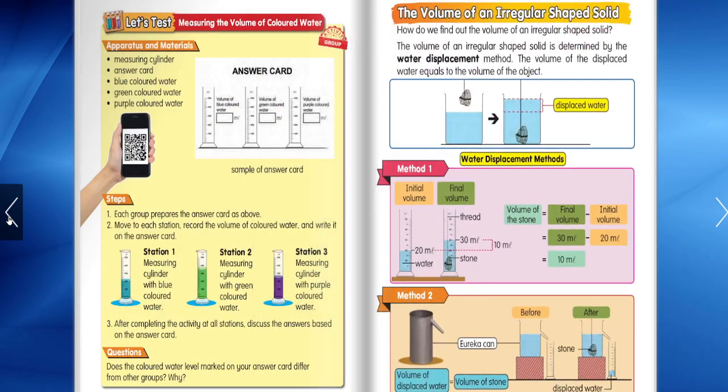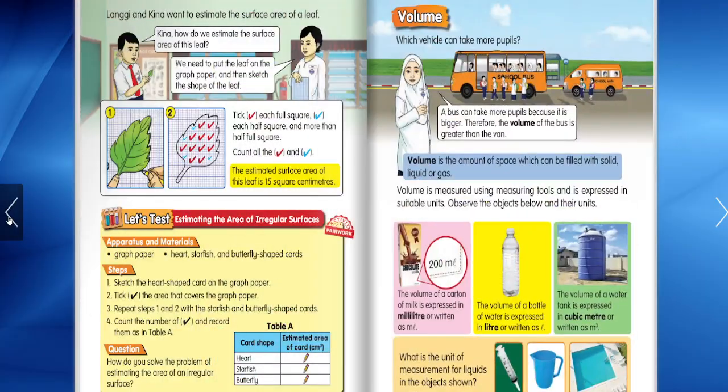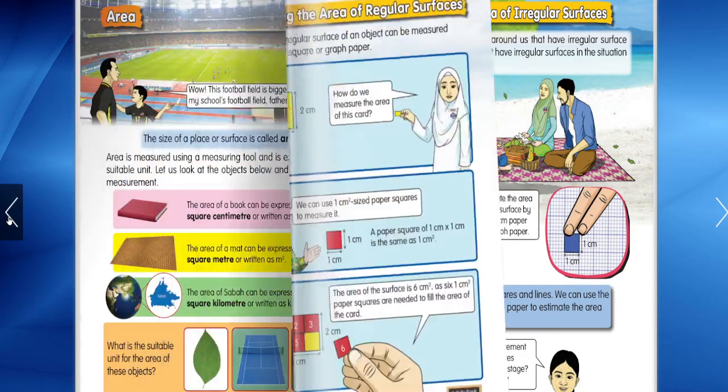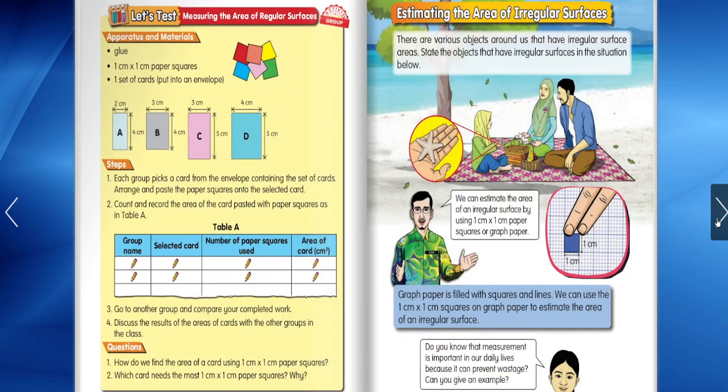What is the difference between area and volume? Area is the space that an object can contain.